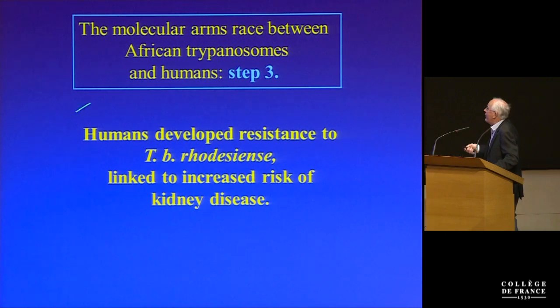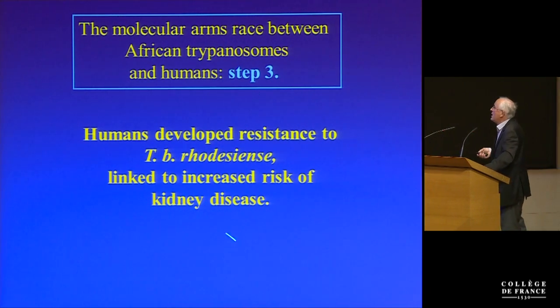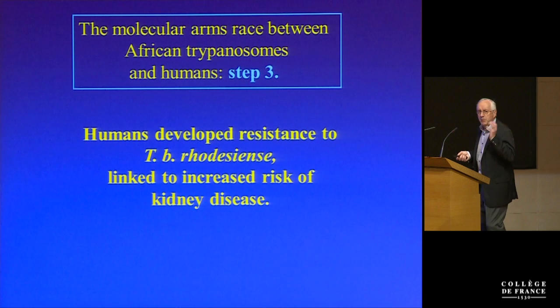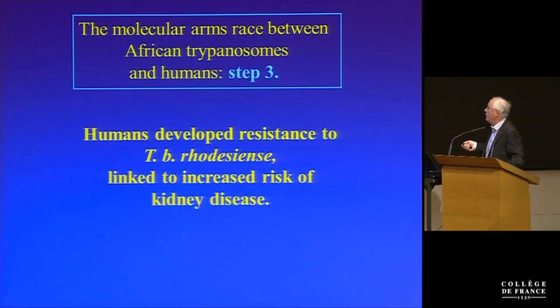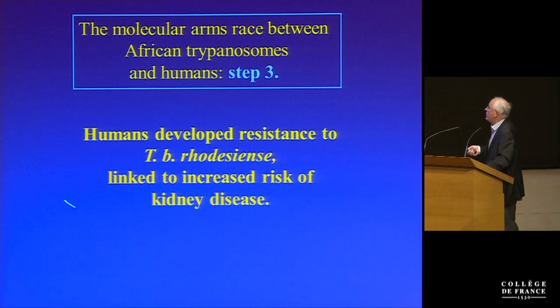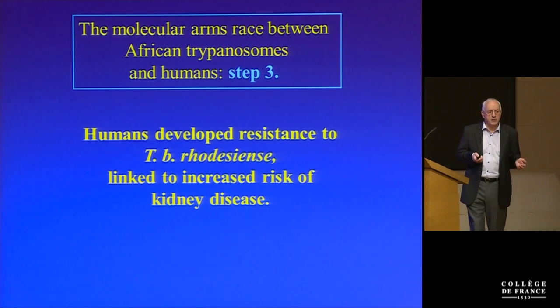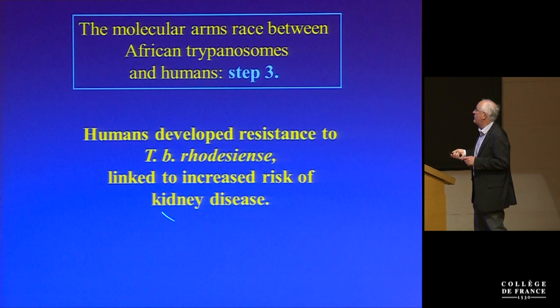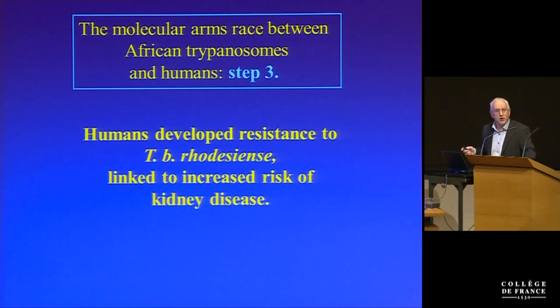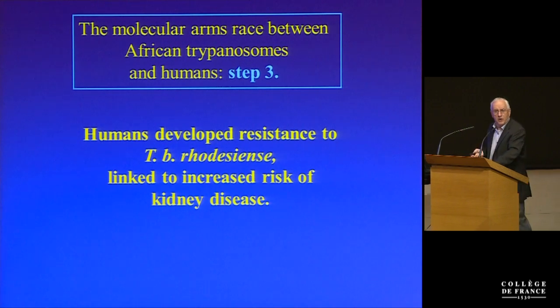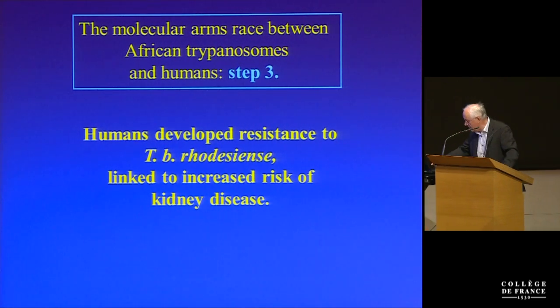And so we found that in the field in Africa, many humans developed resistance to TB rhodesiense. And the way this was seen is because there is a price to pay for that. People resisting rhodesiense have a strongly increased risk of developing chronic kidney disease, so kidney insufficiency.